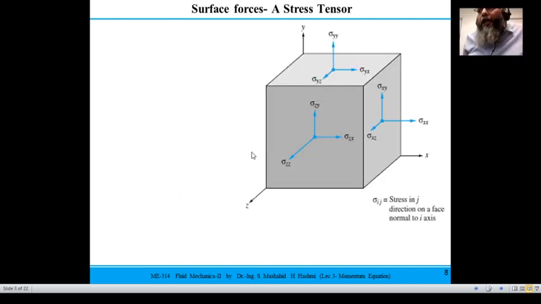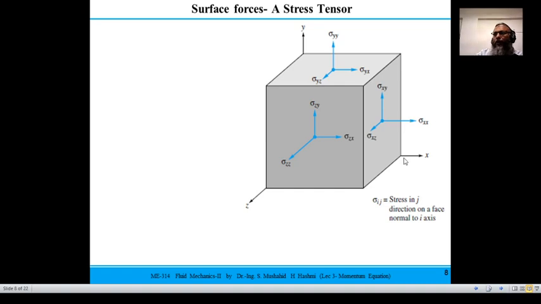Let's see if we have a differential element, and our coordinate system is x, y, and z. So x is this direction, y is this direction, z is this direction. So the force which is acting perpendicular to this area, and the area is represented by the normal, and the normal is in the x direction.